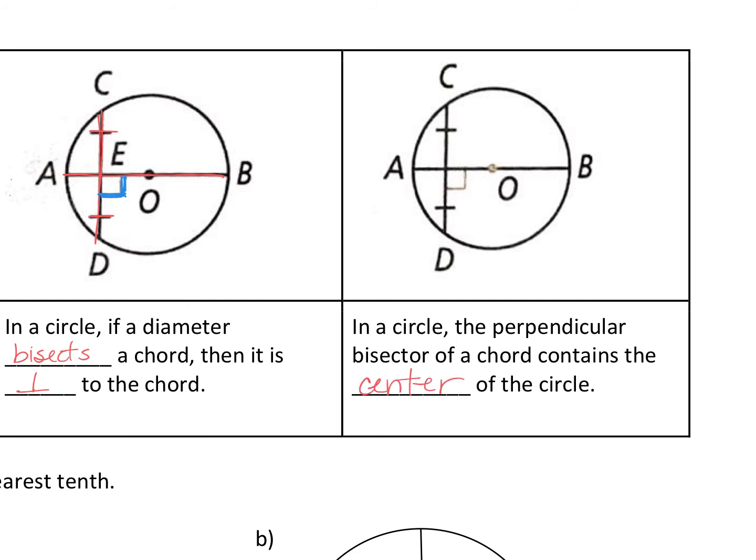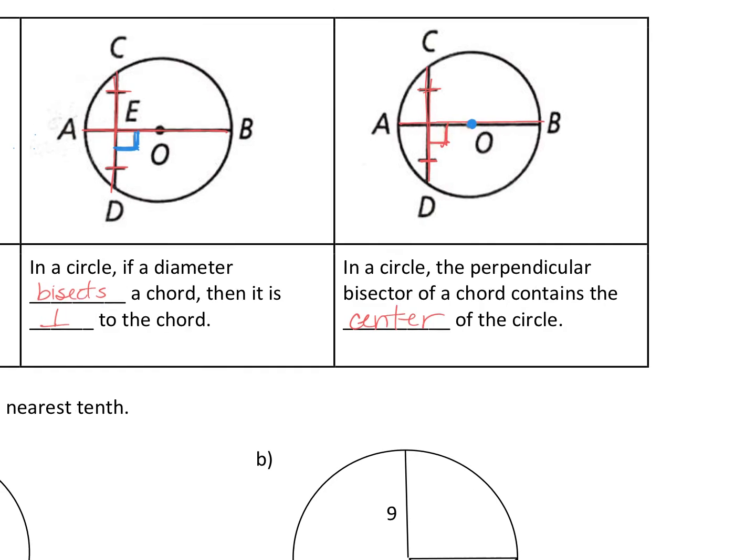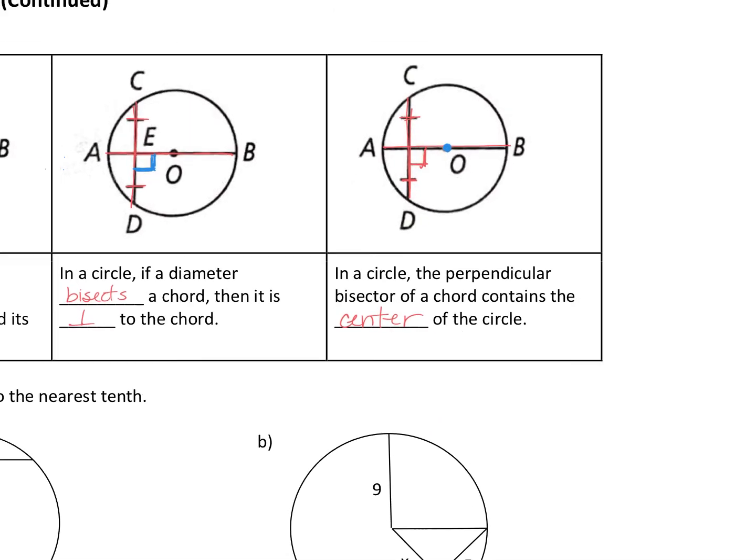So because they told us that it's perpendicular and it bisects, then we know that that is a diameter. It goes through the center, okay? So like I said, all very much one affects the other. I think you'll see you pretty much do the same process on all of these problems. Let me show you what I mean.